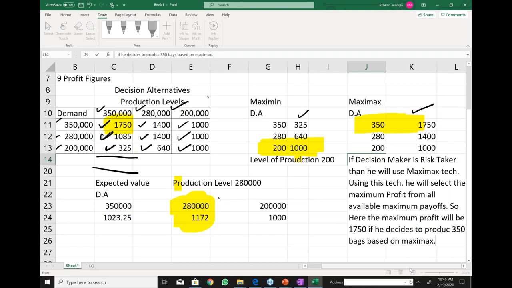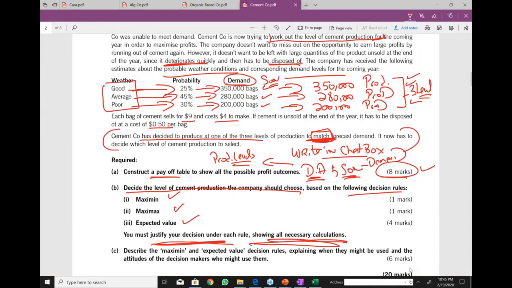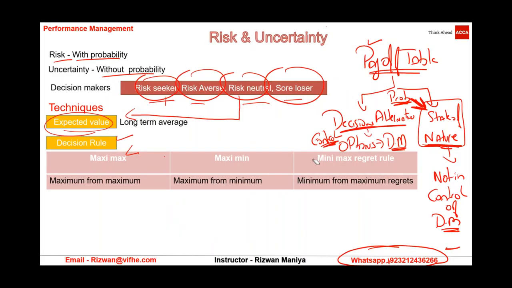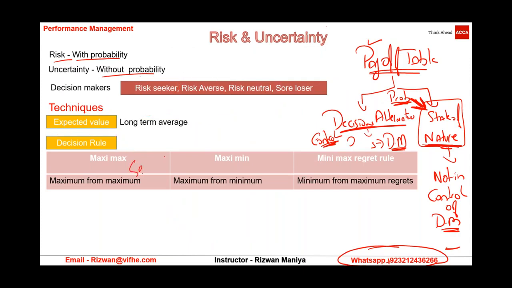Remember, friends, in risk and uncertainty, you need to keep this in your mind. A risk seeker uses Maxi Max, because a risk seeker wants to take risk.